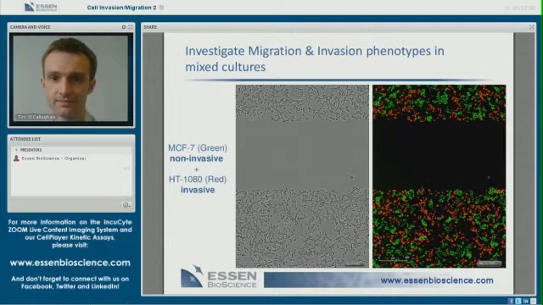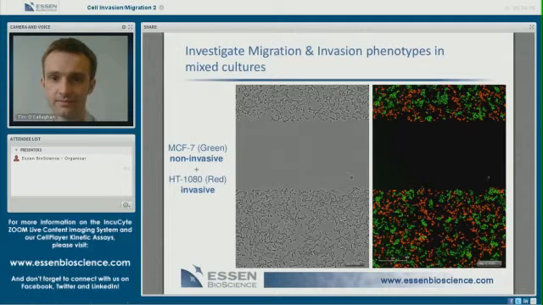Users can also use these assays to investigate migration or invasion phenotypes in mixed cultures. In this experiment, we pre-labeled the non-invasive cell type, MCF7s, with a green fluorescent protein and the HT1080 invasive cell line with a red fluorescent protein.